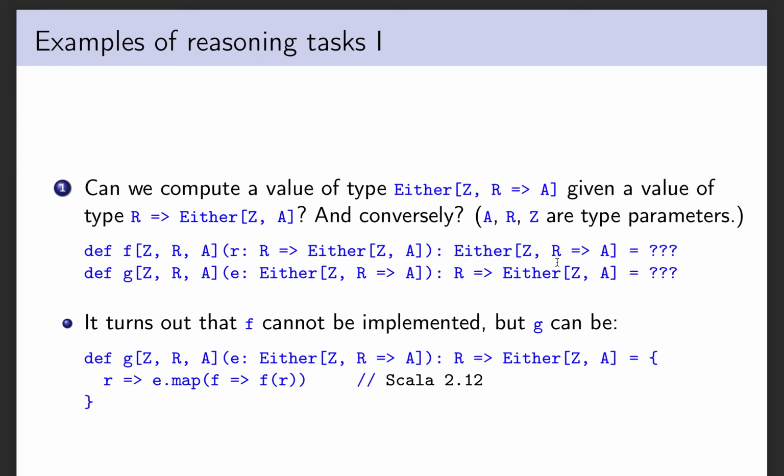So imagine you're making a library, or you're writing your application, you're trying to transform these types like that. It turns out that F cannot be implemented. G can be, so here's the code for G, but F cannot be implemented. And it's not just because I'm not clever that I don't know how to implement F. It cannot be written, so this code does not exist.